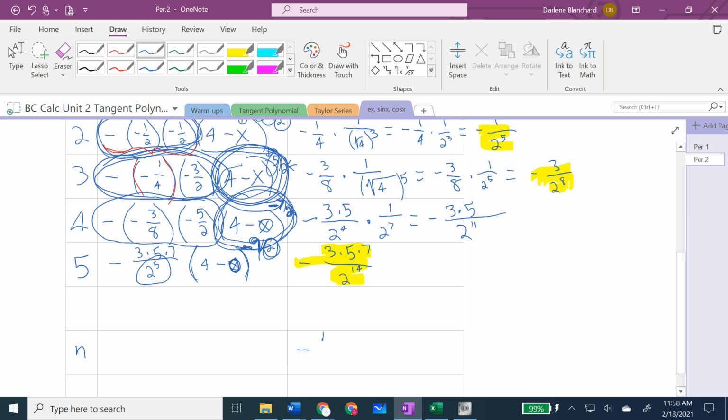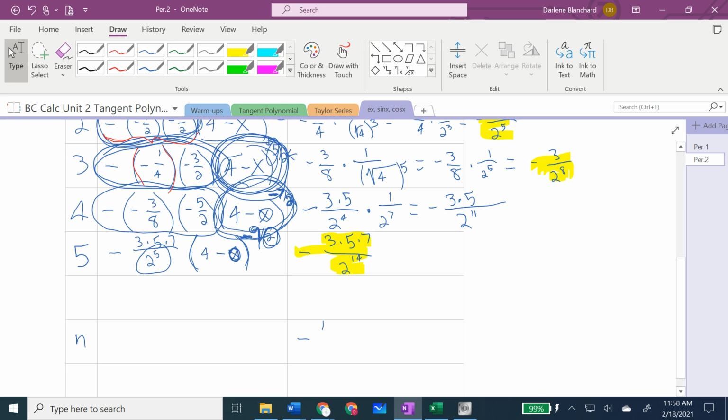And I'm going to start with a 1 because really we did start with a times 1. We just didn't think about it that way. Times 5 times 7 times ... And then we're going all the way up to some number.